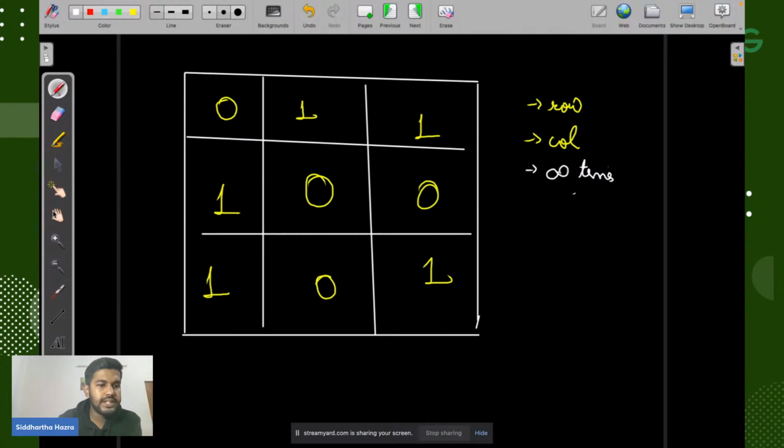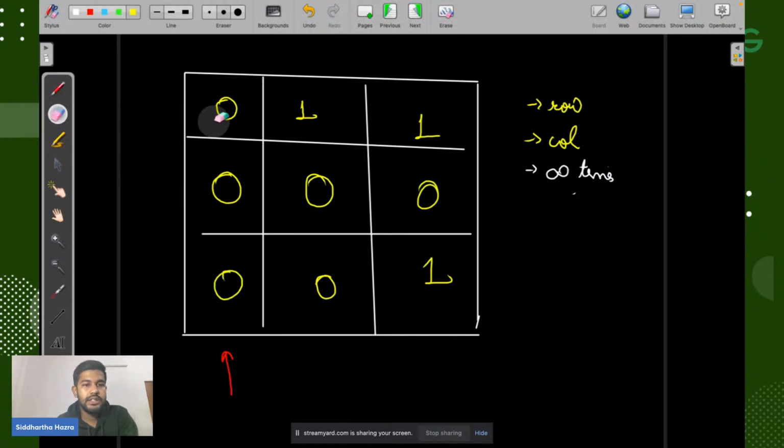So let's suppose that we have selected this particular column itself. So what would happen? This would become 0, this would become 0, and this would become 1.